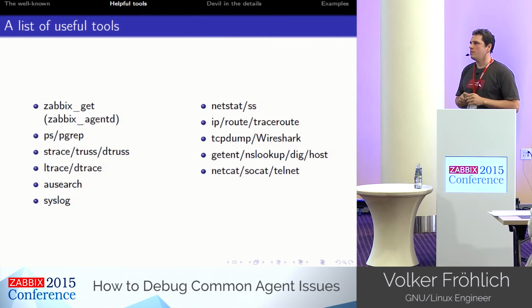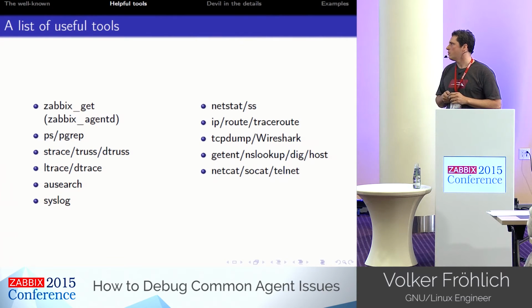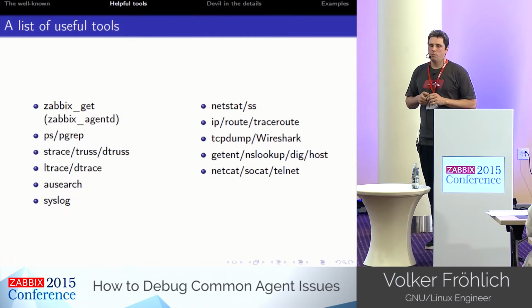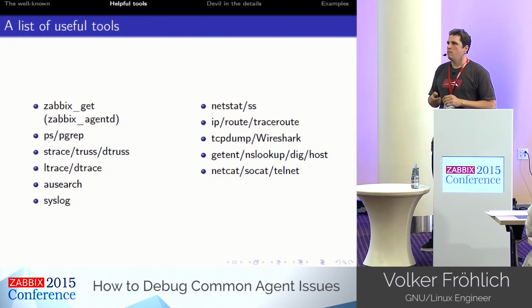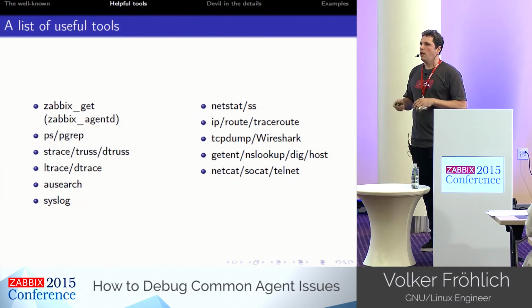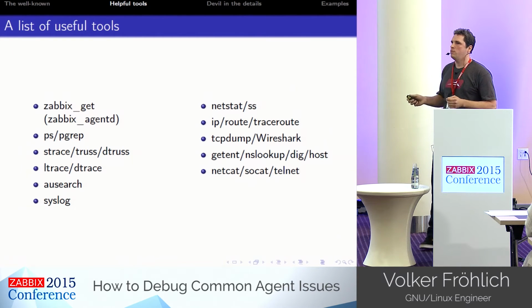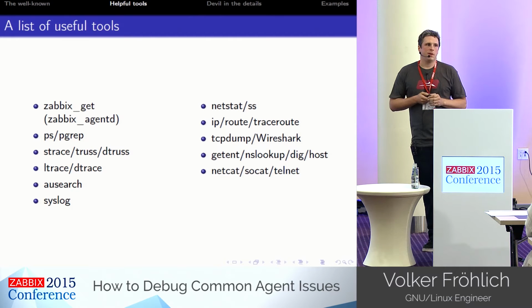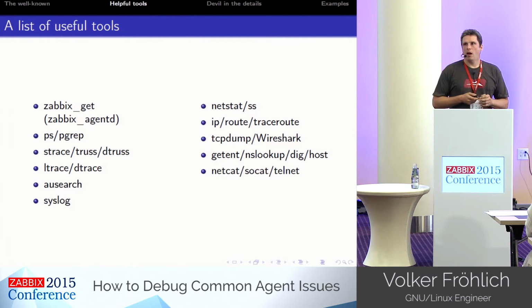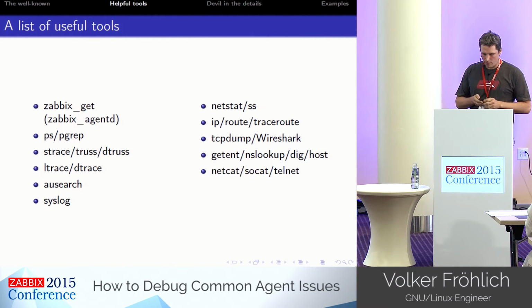Everybody knows ps. Fewer people seem to know pgrep to get process information. This is something we will need later on to get the PIDs for the various processes we are going to trace. You can also find this information in the logs. They are logged on startup of the agent and the server.